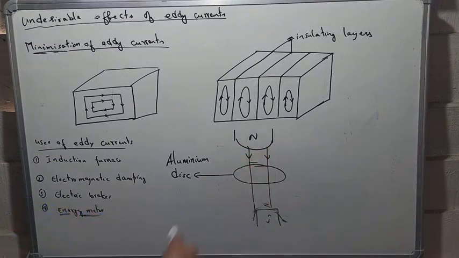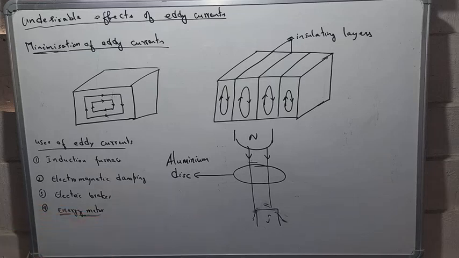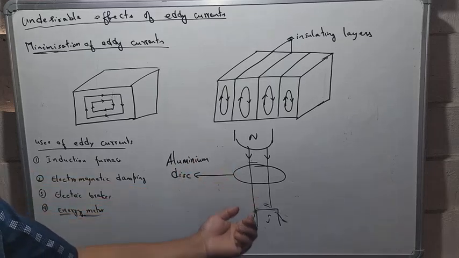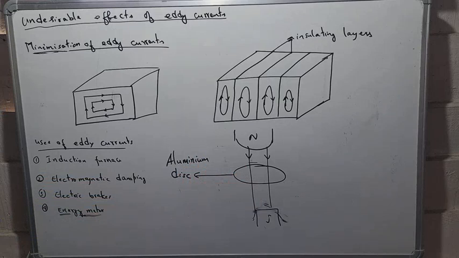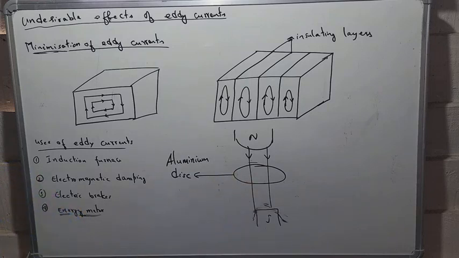As the disc rotates, it will cross the magnetic field, so the magnetic flux linking with the disc will change. Because of that changing magnetic flux, eddy currents will be produced in the disc, and this eddy current will oppose the motion of the disc. This is how eddy current is used in the energy meter.